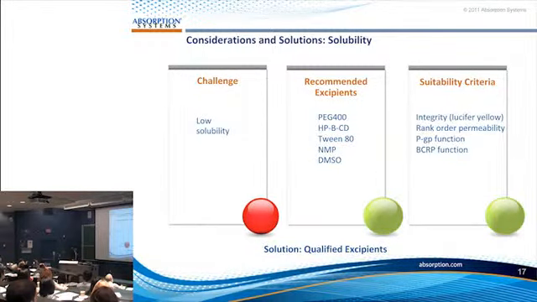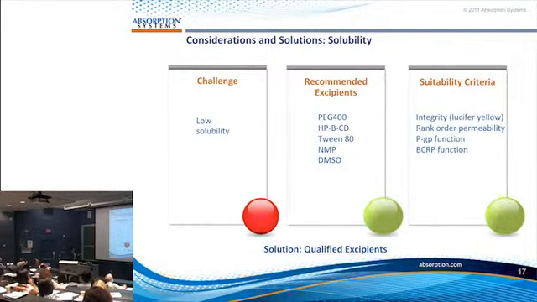Another consideration, and this is not necessarily for a biowaiver, this is more for classification purposes, so that you're able to currently rank class 2 versus class 4, that there is sufficient amount of compound on the donor side to get an accurate estimate on the receiver side.